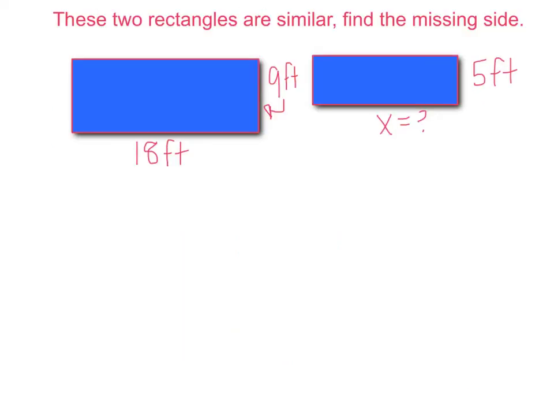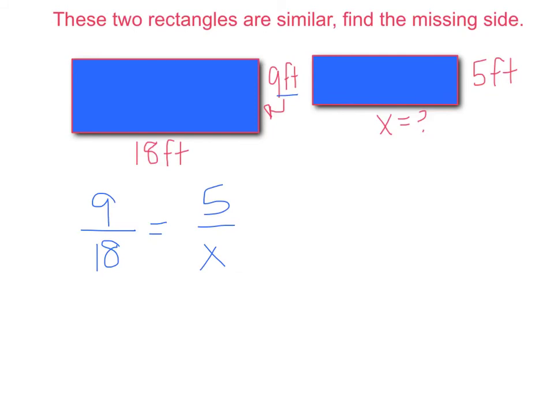Alright, I want you to pause this one and try it on your own. And then you can come back and play through it and see if you got the answers right. To set this one up, you're going to say 9 over 18 is equal to 5 over x. Now you're just going to cross multiply to figure out what does x equal.